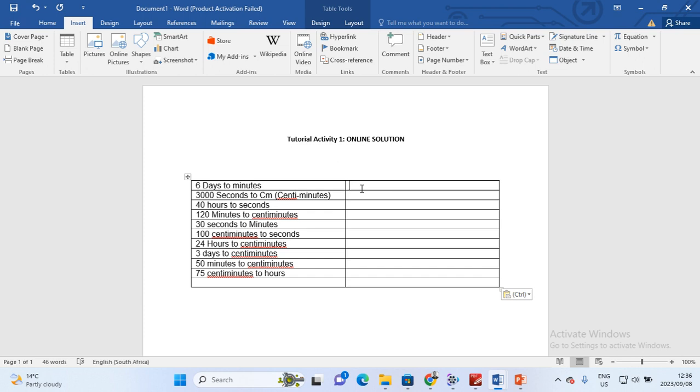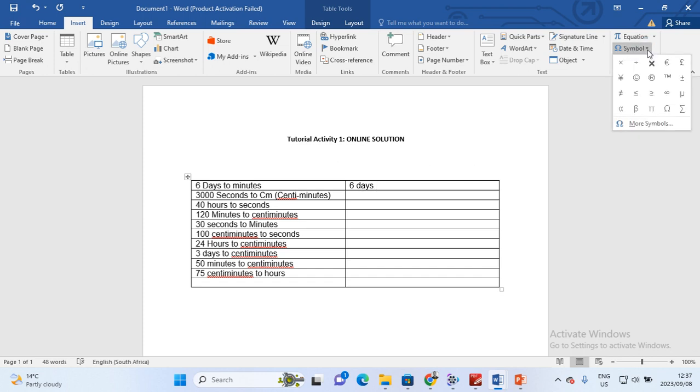Whether it's hours, seconds, or rand, just indicate the unit of your answer. Here they're asking us to convert 6 days to minutes, which is going to be 6 days multiplied by 24, because in one day we have 24 hours. So that will be our first step.